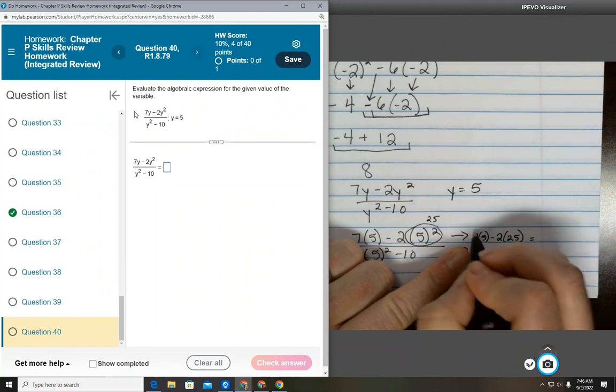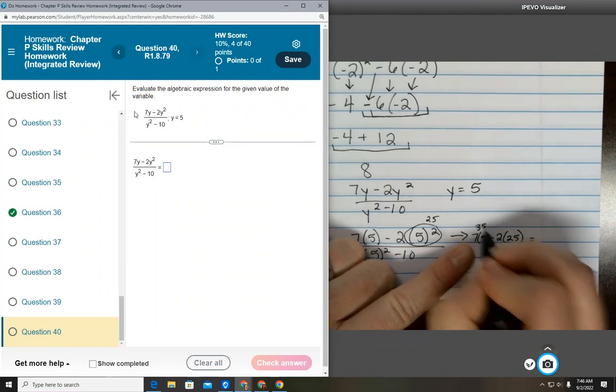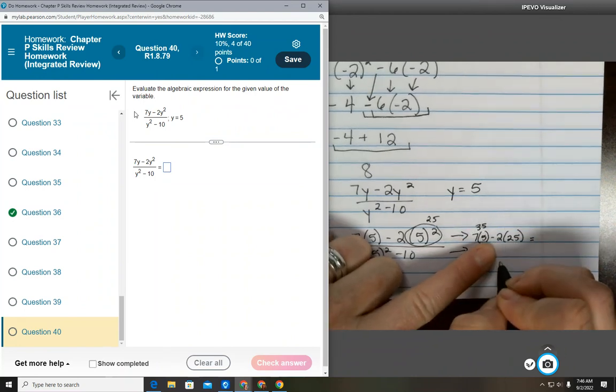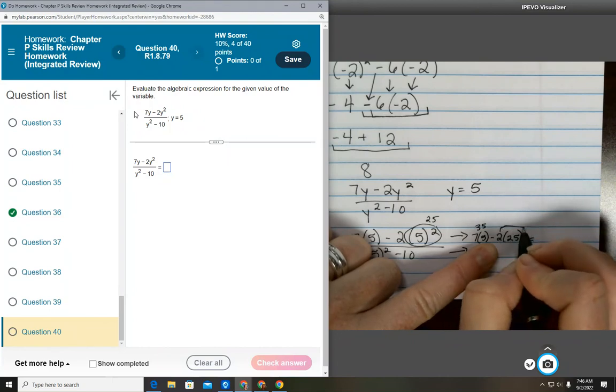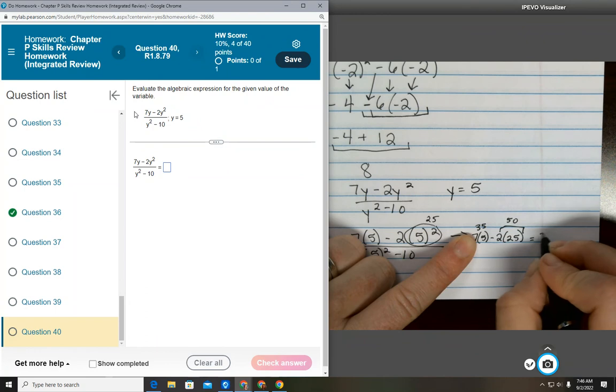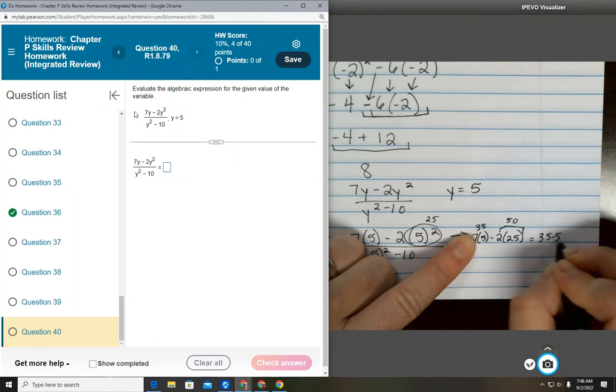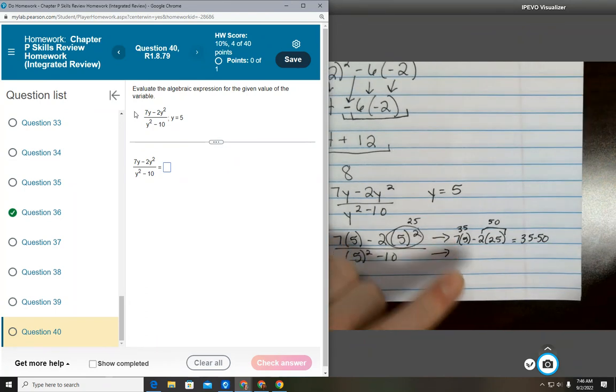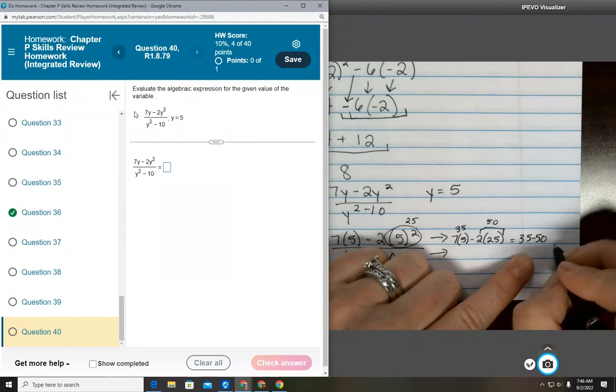Multiply and divide from left to right. So I need to go ahead and do this. So that's 35 minus this. Well, I can go ahead and do this because that's also multiplying. So it's 35 minus 50. They are different signs, so I'm going to subtract them and keep the sign of the larger.